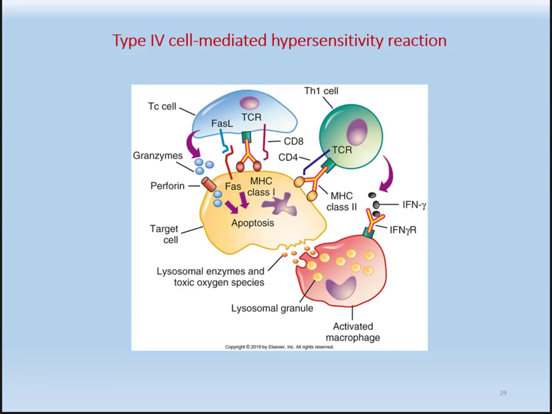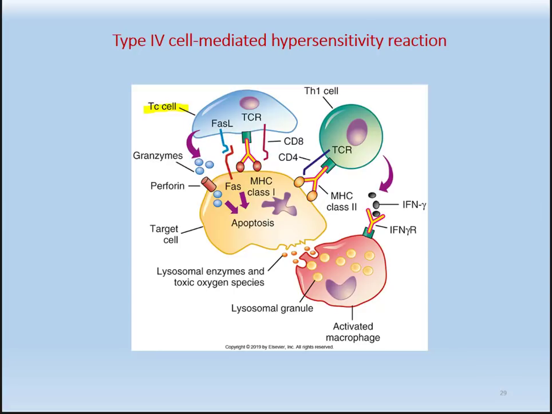Now on to our final type of hypersensitivity reaction, and also the final slide for today, is the cell-mediated hypersensitivity reaction. And this is mediated by T cells. Cytotoxic T cells destroy other cells, called target cells, by binding to them. And you can see that happening here.